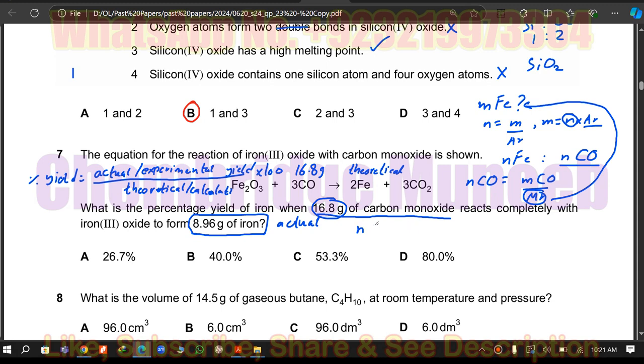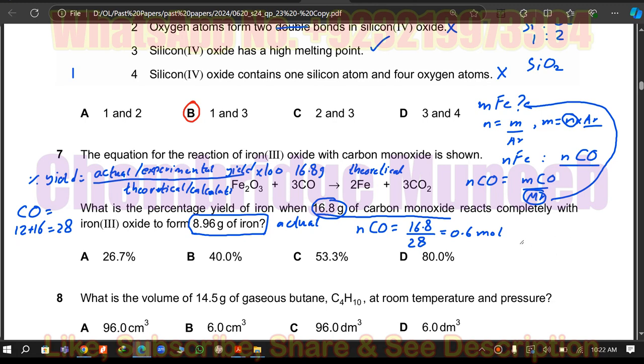The number of moles of carbon monoxide will become its mass, which is 16.8 gram, divided by its relative molecular mass. The relative molecular mass of carbon monoxide is 12 plus 16, which is 28. So I will divide this by 28. The answer becomes 0.6 mole. Now we have calculated the moles of carbon monoxide.